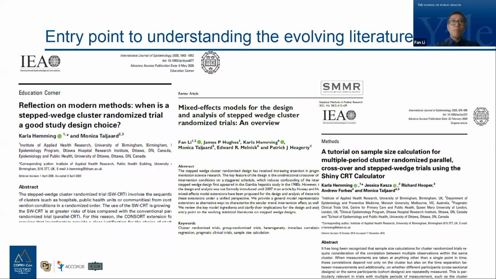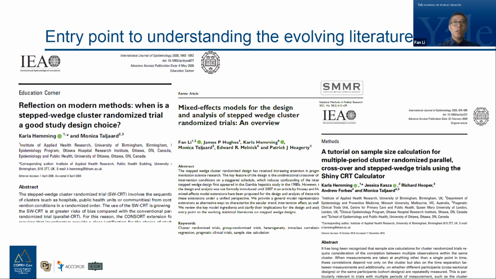And finally, I want to mention that, as an entry point to the evolving literature of SW-CRTs, there are several good references, including 2 International Journal of Epidemiology papers talking about conceptual choices on the stepped wedge cluster randomized trials for the specific study of interest, as well as a tutorial on power calculation for these more complex trials.